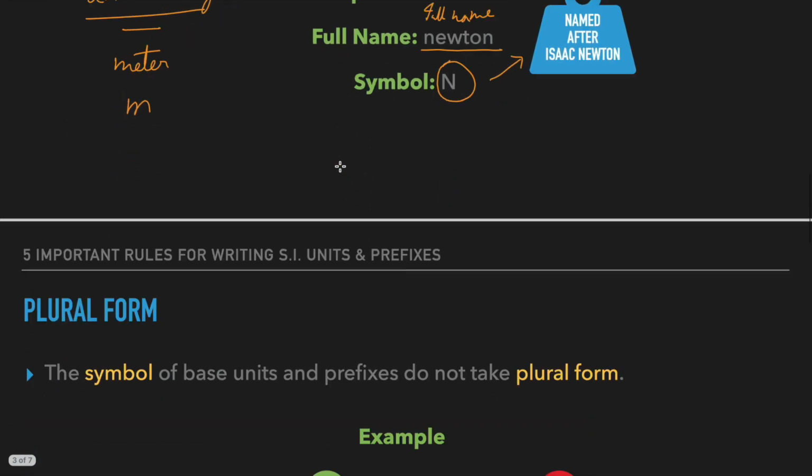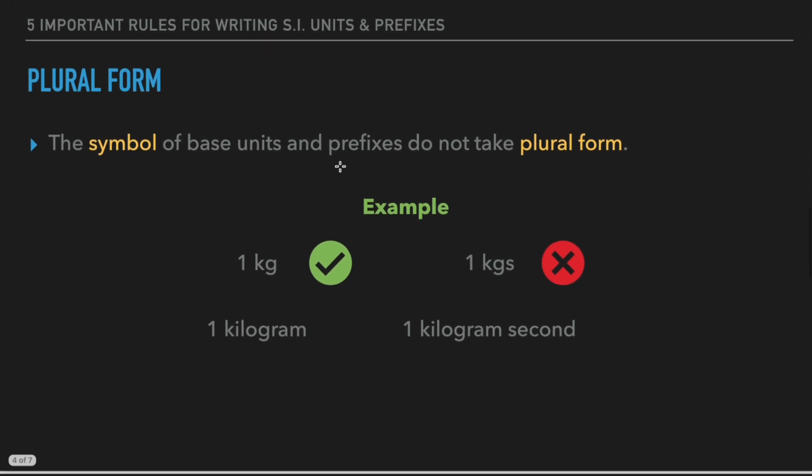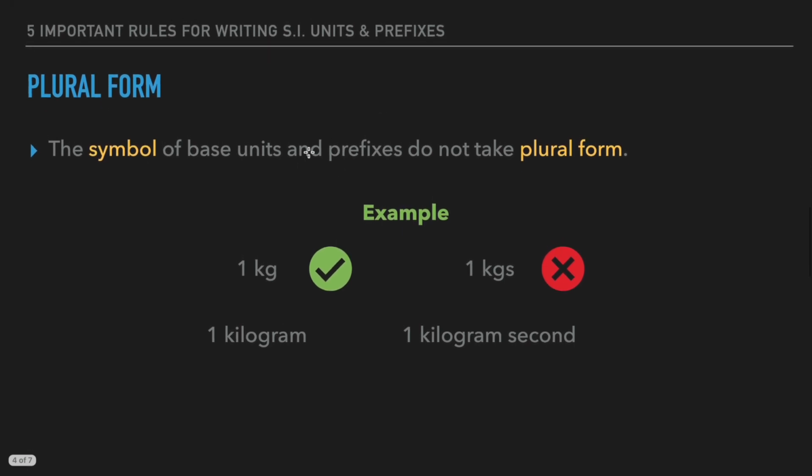Let's go to the second point, which is the plural form. The symbols of base units and prefixes do not take a plural form. Take this example: we have 1 kg, which is correctly written.